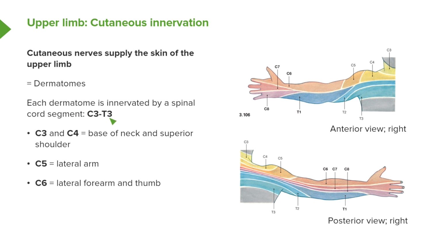We've got C3 all the way down to T3 here in the axilla. Here we can see C3 and C4 is the base of the neck and the superior aspect of the shoulder. C5 is the lateral part of the arm. C6 is the lateral forearm and the thumb. We can see this on both the anterior aspect and the posterior aspect as well.